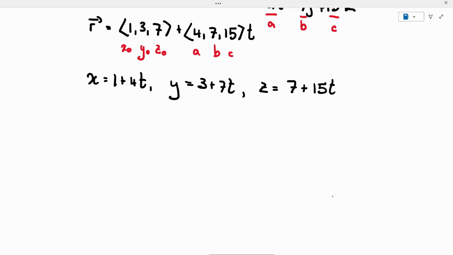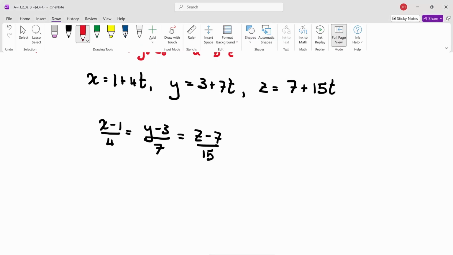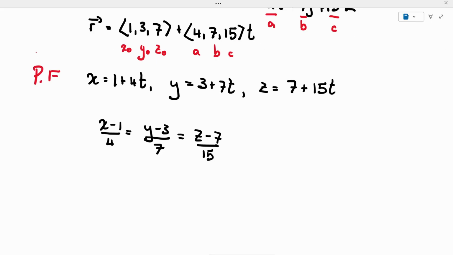This is parametric equation form, and if we want Cartesian, we just need to solve for t, so we'll get x minus 1 over 4 is equal to y minus 3 over 7, which is equal to z minus 7 over 15. Right, so these are just the alternative forms we could have it. Parametric equation, Cartesian equation. And this is, of course, vector equation. Right. So you all okay with that?